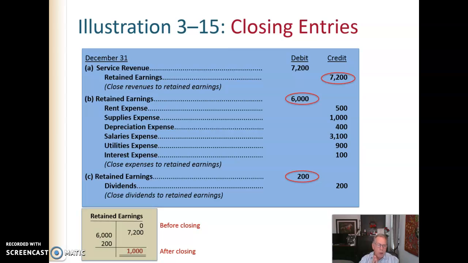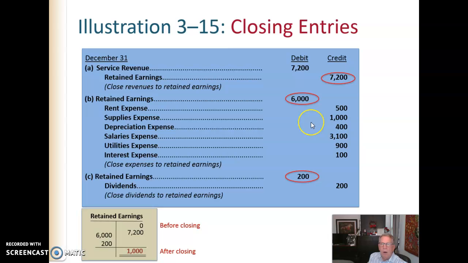But we want to get rid of that credit balance, so we debit service revenue here, and they're going to show this all at once going to retained earnings. Sometimes we go through an account called income summary, and then it goes into retained earnings. But we'll think of it here as going right into retained earnings. And the description is we're closing revenues to retained earnings.